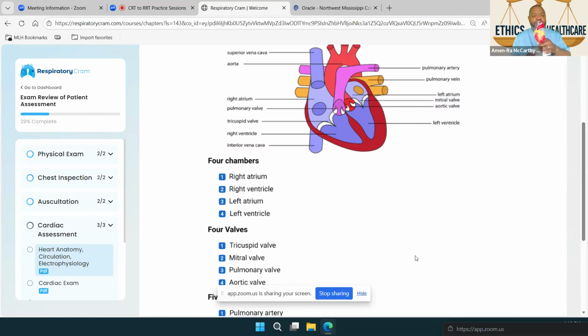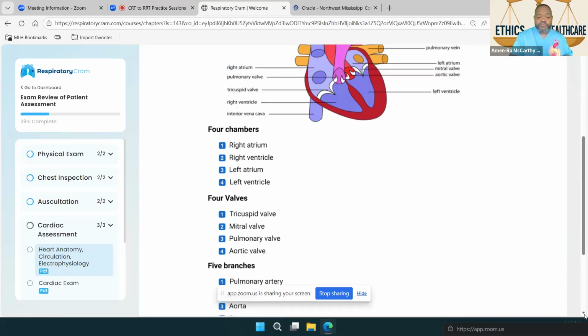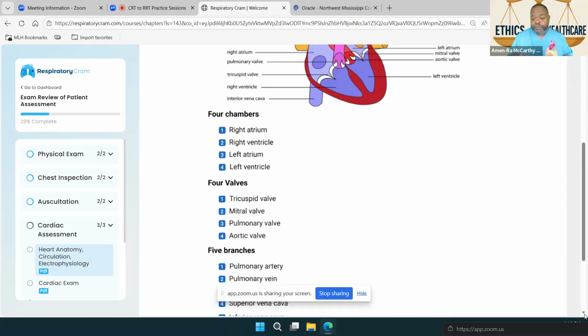Can everybody see this clearly? Yes. Okay. So this is just a little example of the heart here. And so we're going to go over those chambers and then those valves as well, right? The chambers, the valves, and the branches, which we call the vessels.